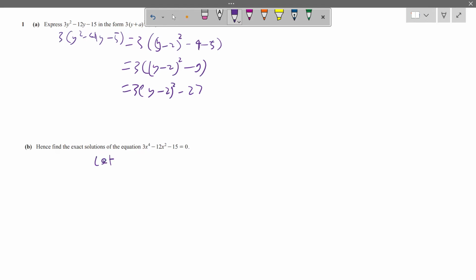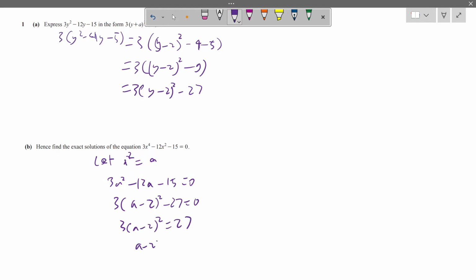So we let x squared be something else, like say a. So you have 3a squared minus 12a minus 15 equals 0. And now, because of the form that we found earlier, we can rewrite the left-hand side as 3 times a minus 2 squared minus 27 equals 0. 3 times a minus 2 squared equals 27.